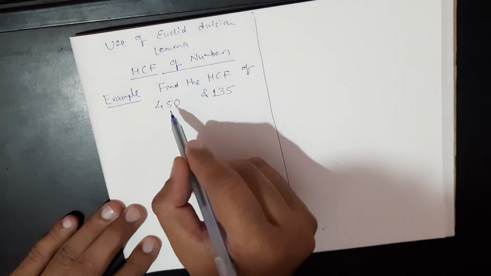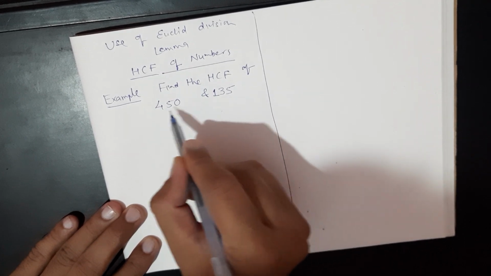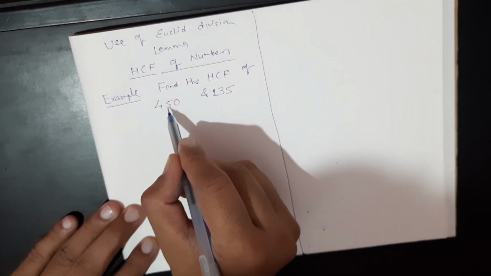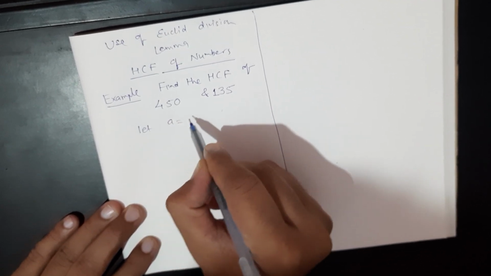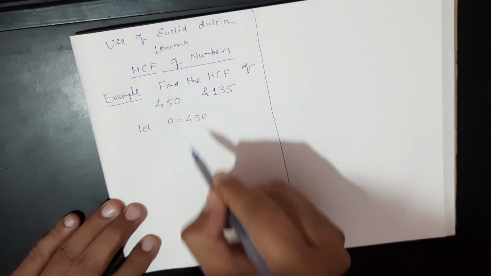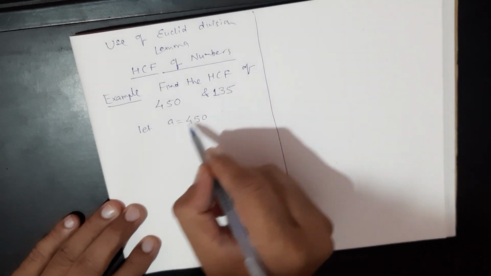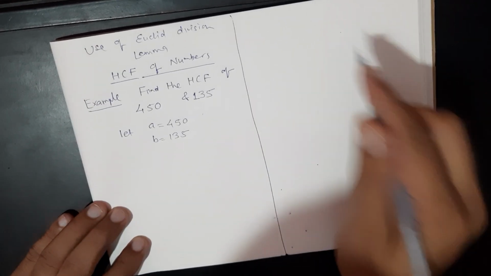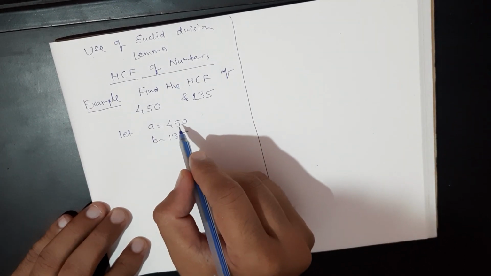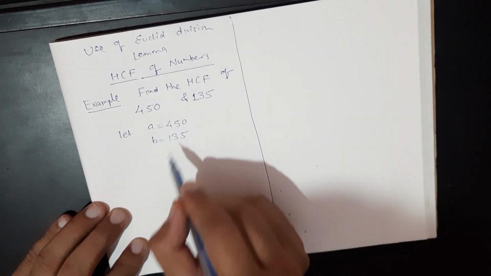First of all, we have to check which one is a greater number. As usual, 450 is the greater number, so that greater number is always called A. The lesser number is your B. Now in rough section, you have to divide 450 by 135.